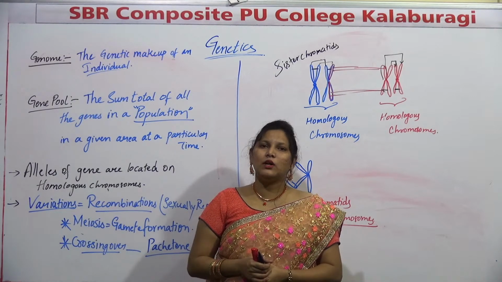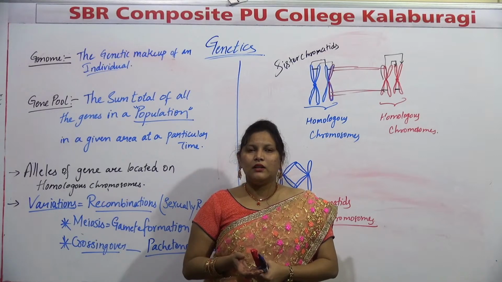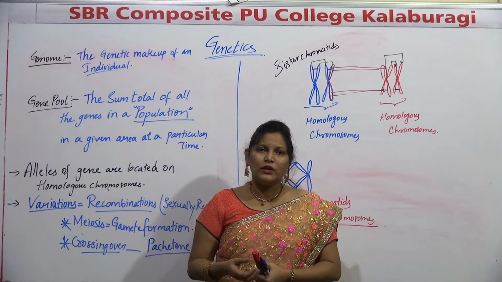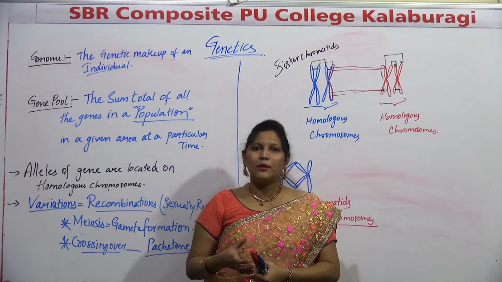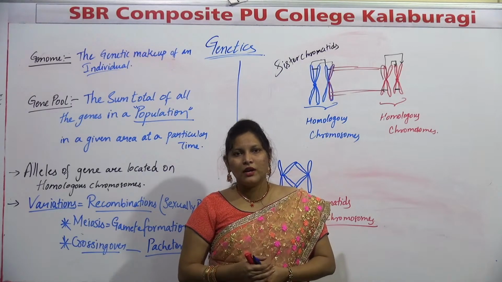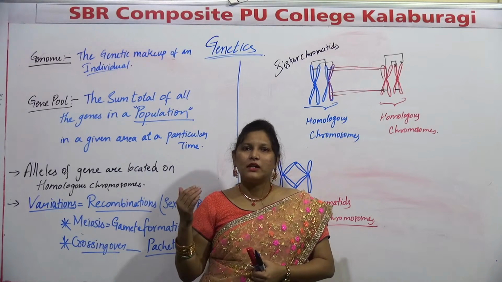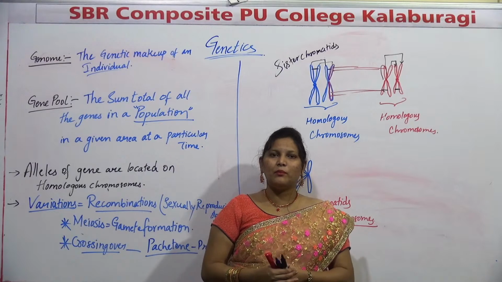In the concept of dominance, the unmodified allele which determines the original phenotype of a character is said to be the dominant allele, and the other allele is the recessive allele.